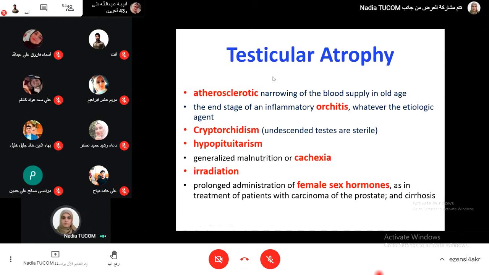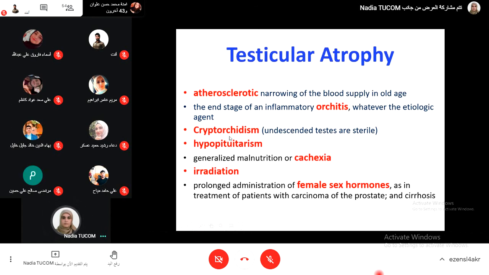Orchitis means inflammation of the testis, or Epididymo-Orchitis. The end stage of an inflammatory process, like abscessing orchitis or abscessing Epididymo-Orchitis. Cryptorchidism or undescended testis.